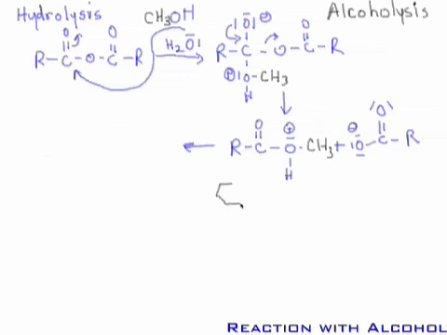Pyridine is a poor nucleophile because its lone pair of electrons on nitrogen is in an sp² orbital, but it is sufficiently basic to remove the proton from the protonated ester. It will leave as a pyridinium cation.